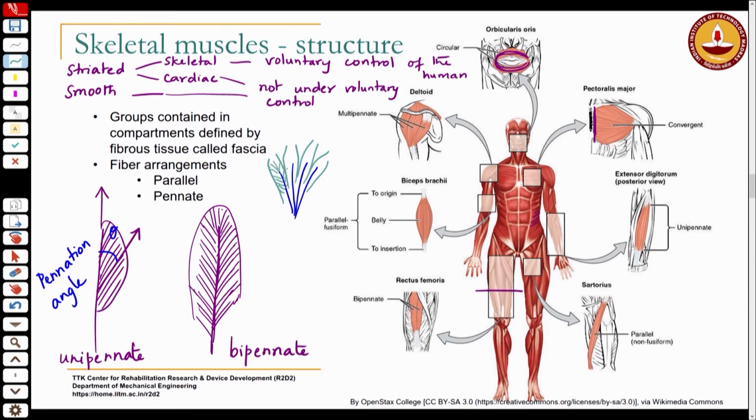That is how the deltoid muscle structure is. And all these tendons meet together here. So, this is the multi-pennate arrangement of the deltoid.